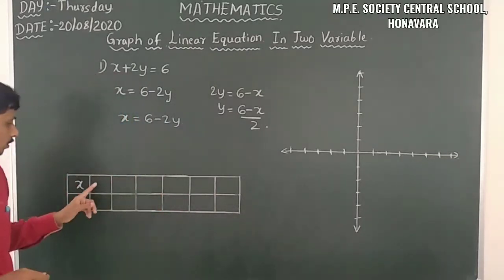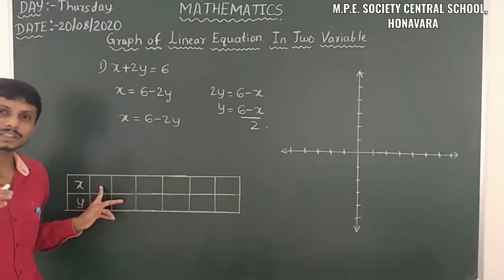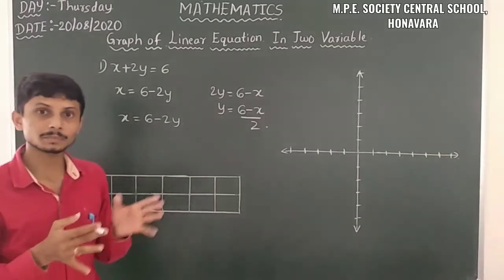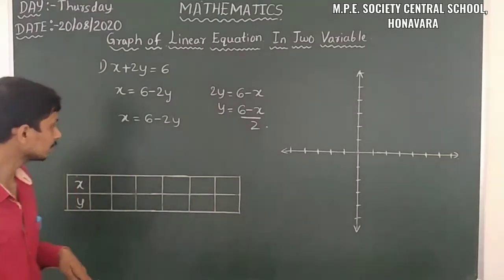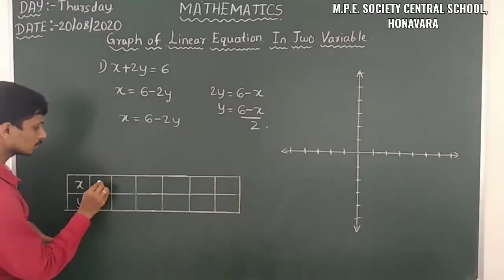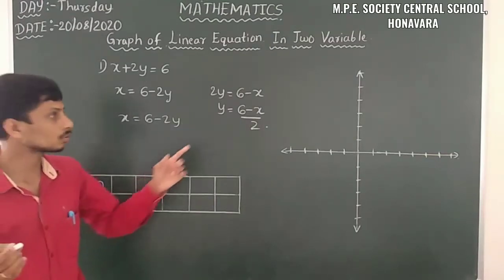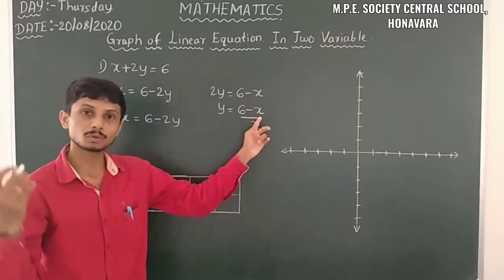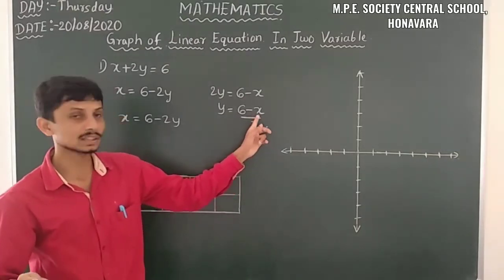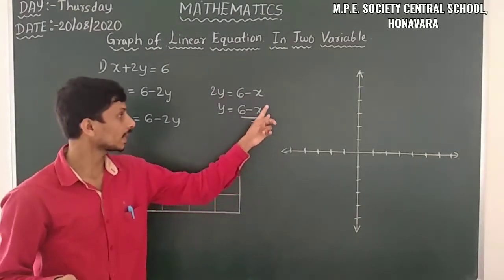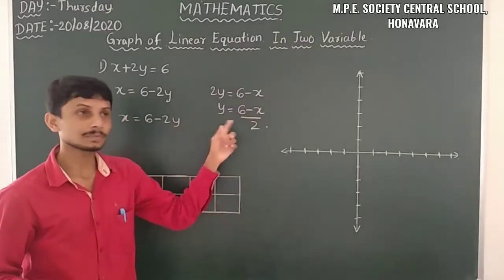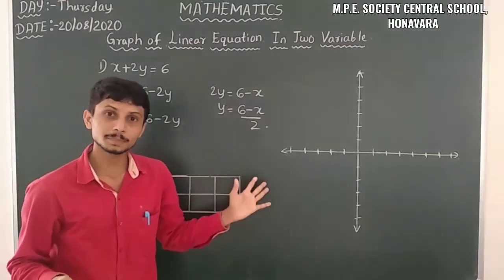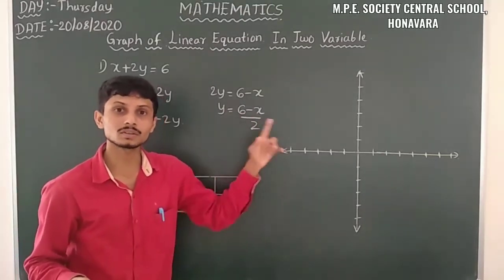Okay, so let us take both the equations here. Firstly, we have to assume some values of x. By the inspection method we are taking here. Firstly we take the value of x is equal to 0. Put the value of x is equal to 0 here. You can insert it here also, both may be possible. When you are inserting the value 0 here, the x term vanishes. That means only 6 by 2 remains here, and the answer of 6 by 2 is y is equal to 3.